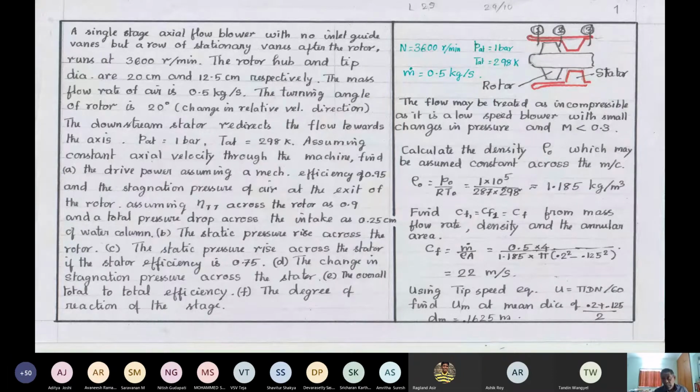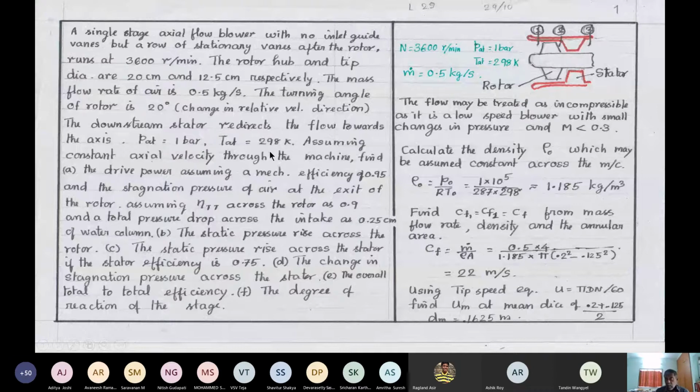It takes air from the atmosphere at 1 bar and 298 K. The rotational speed is 3600. Then the mass flow rate is 0.5 kg per second. Many things are required to be determined. We'll just first find out the power, the drive power required.